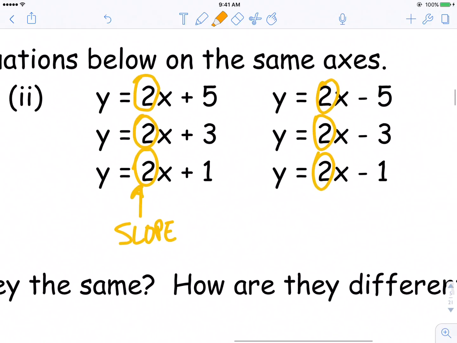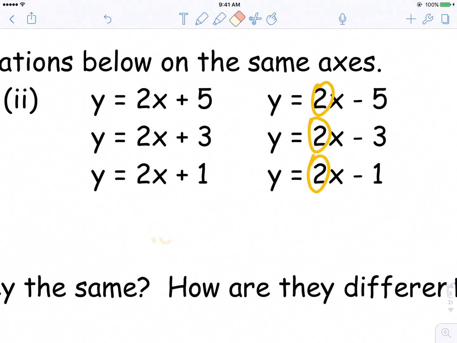Over here, you would have noticed that the slopes calculated for each of the lines was exactly the same and happened to be this value right in front of the x.